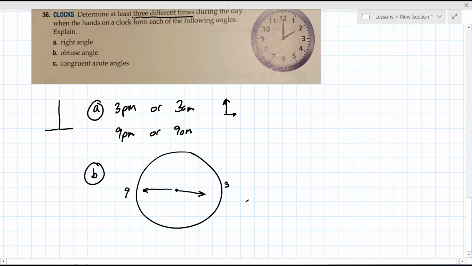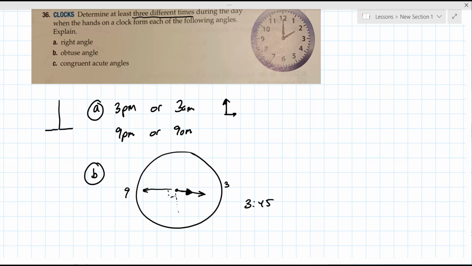So this is 3:45, because the hour hand here is a little shorter. It's just past the 3. The angle has to be more than 90. This is 90 right here. So that's one possibility.